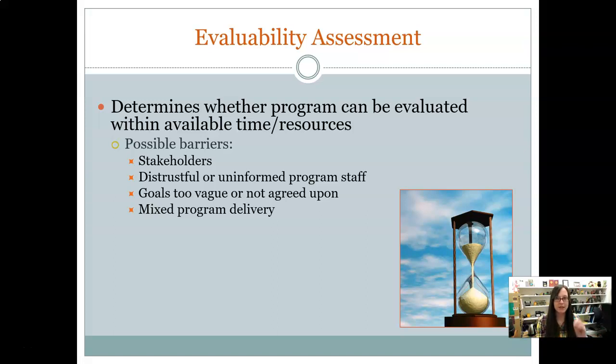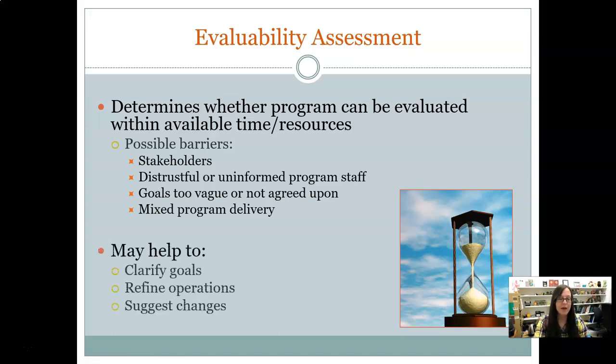Then it's difficult to tease out the specific parts to see if they're doing what they should be doing. So when you have mixed program delivery, which often it is because that saves on resources, that makes it harder to assess. So in terms of evaluability, it may help to clarify those program goals or refine the program operations before you start the implementation of any program. You make sure that's clear, so that can help with some of those barriers.